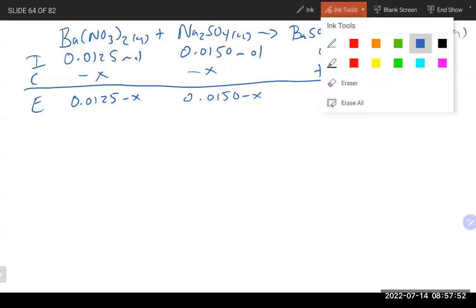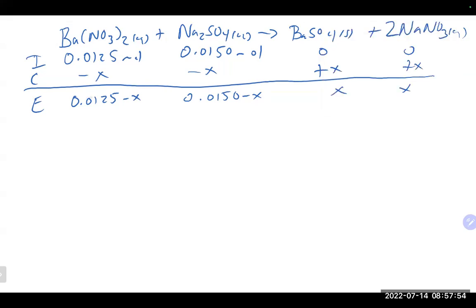All right, as we talked about when we were doing this, we're going to set each of these equal to 0, which pretty much gives us the same number. So 0.0125 minus x is equal to 0. X equals 0.0125 moles. Same thing here. This basically gives us an x equal to 0.015 moles when we set it equal to 0.